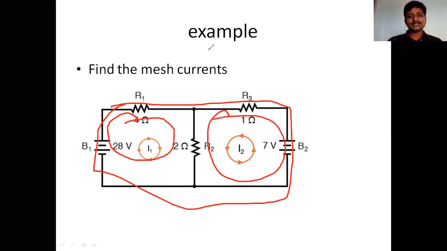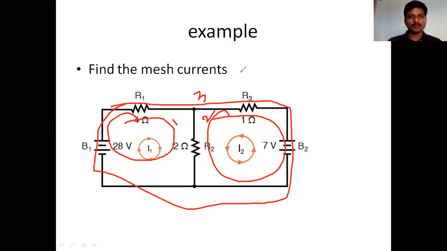By definition, a mesh is a loop without inner loops. So a mesh is a loop but without inner loops in it. For example, if you take this loop as number 1, this as number 2, and this as number 3, you can see 1 and 2 are called meshes as well as loops.